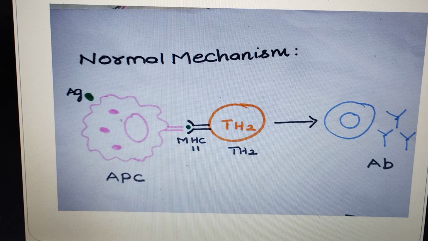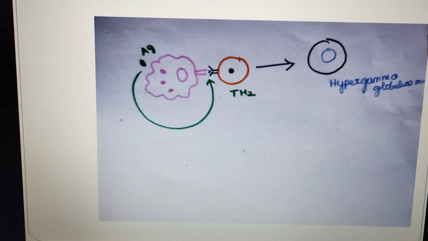Again it will get processed by MHC2, and then antibodies will be produced. In superantigen, the antigen will directly bind to the MHC2 and then the V beta receptor of the T cells. That leads to the hyperproduction of antibodies. Thank you.